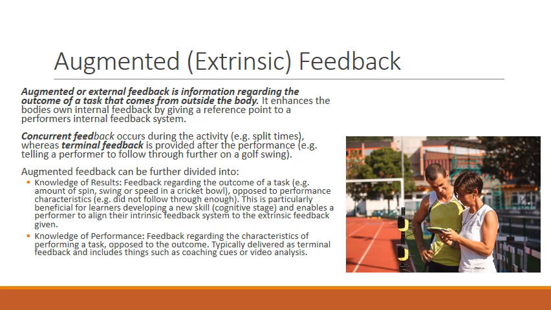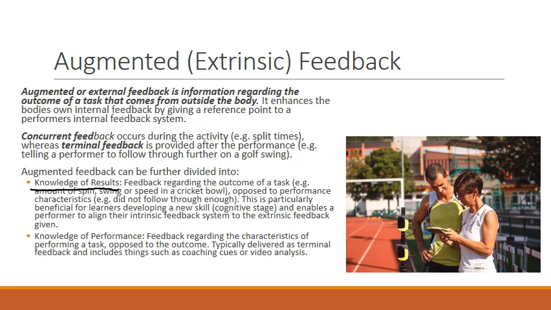So with our augmented feedback, our external feedback, generally we can link it to knowledge of results or knowledge of performance. So with knowledge of results, we're giving feedback on the outcome of the skill or the task that you've just performed. So if you were intending on spinning a cricket ball when you bowled it, knowledge of results would be feedback regarding how much spin you managed to get on the ball.